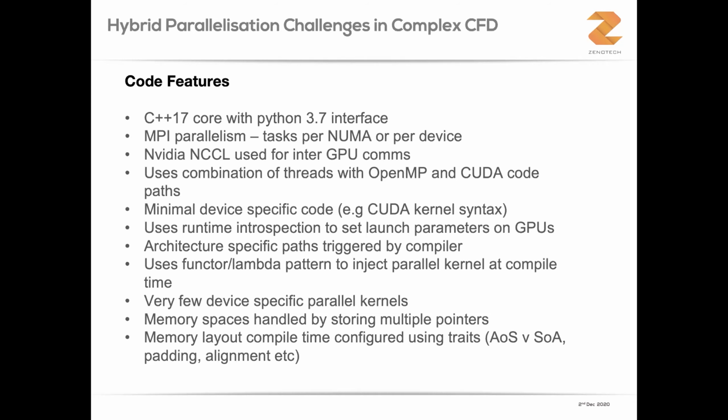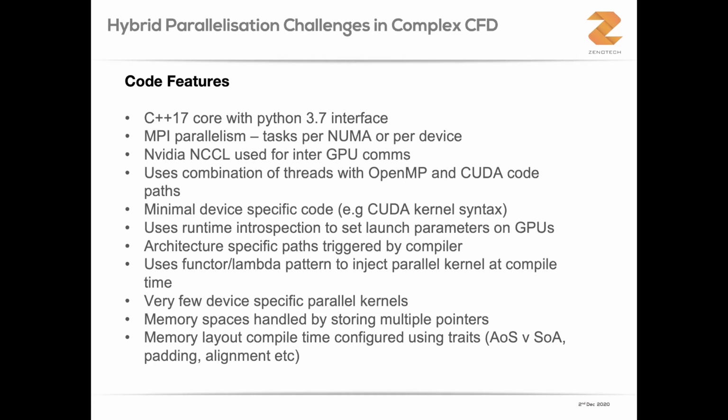We do have a few device-specific parallel kernels. There are some cases where it's just not possible to write something which is totally generic. I'm trying to think of things like parallel summations, where we're trying to maximize accuracy, and we have to use Kahan summation to reduce the error. That's quite hard to do in a totally generic way.